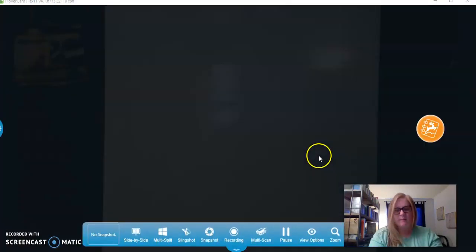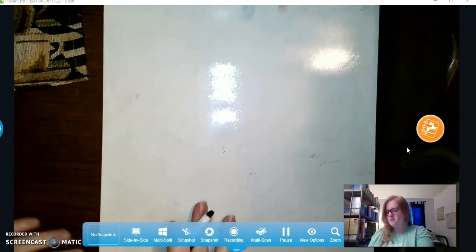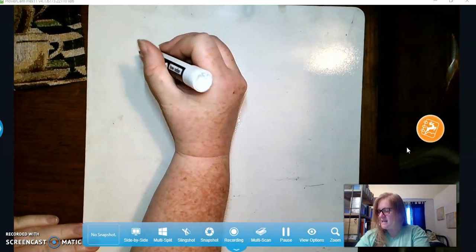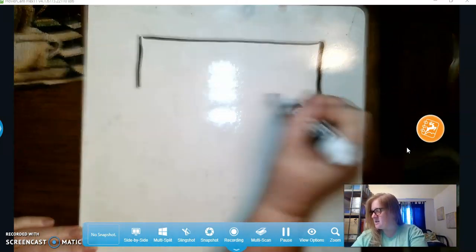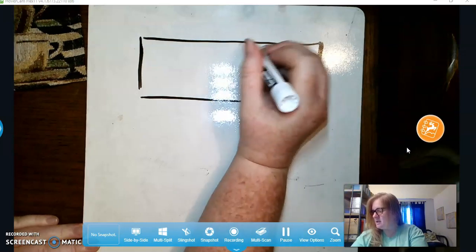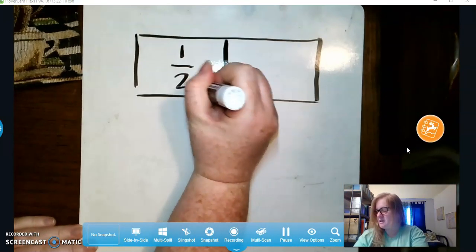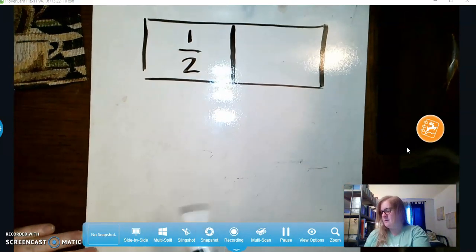I like it a little bit better than using fraction circles. But if fraction circles are what you will want to use for this practice, then that is fine as well. So what I'm going to do is I'm going to make one fraction strip, and I'm going to label this one for half because I know that I'm going to be comparing fractions, and all of them are going to be compared to half.